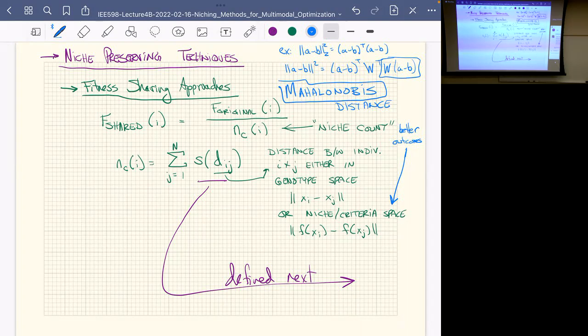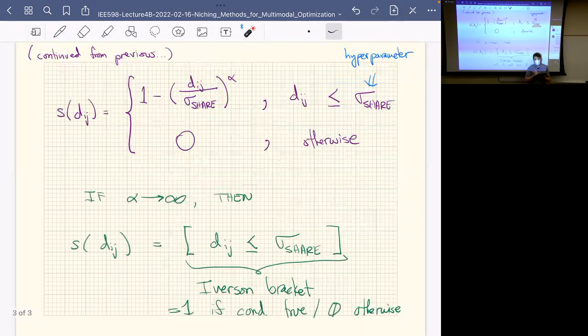Just to clarify, when we say every individual, do we mean all individuals or only individuals in a niche when calculating niche count? Technically this formula is defined over every individual, across all of them. But the scaling function here has a hard boundary at this sigma share hyperparameter.